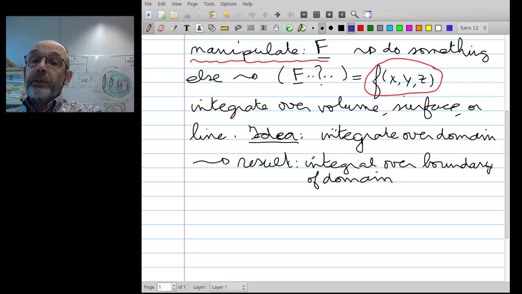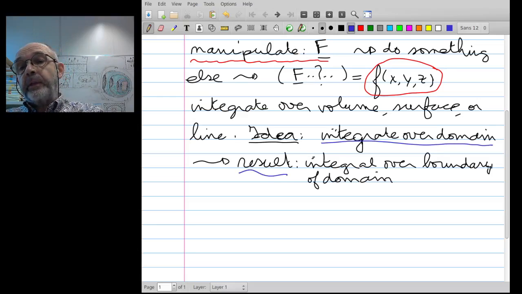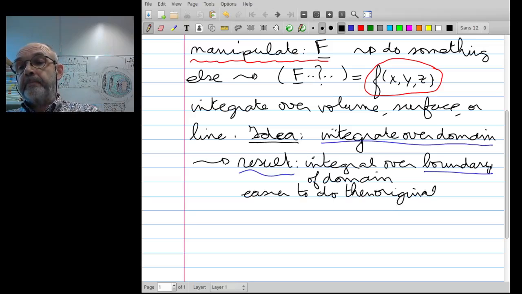So very often you will be asked to integrate over some domain, and then you do some manipulations, and the result will be an integral over the boundary of a domain, which will be easier to do than the original integral. That is what we want to do.